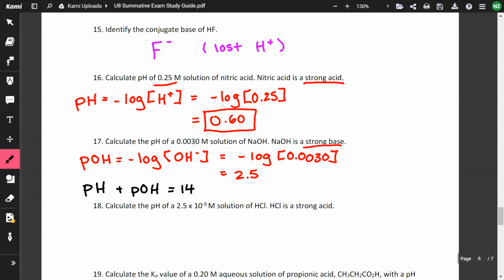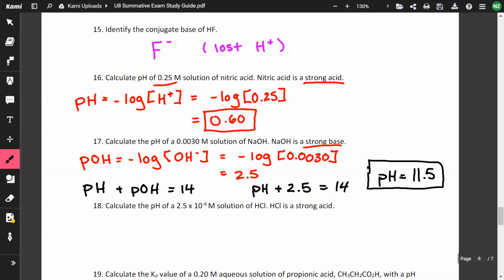We don't know pH. We know pOH is 2.5, and that's going to equal 14. So if we do a little bit of subtraction and rearranging, we get a pH of 11.5. 11.5 plus 2.5 is 14.